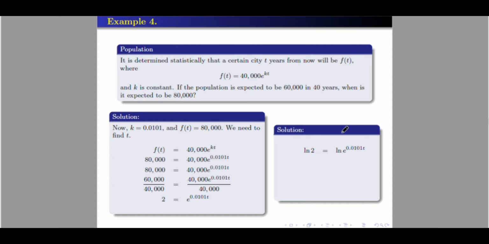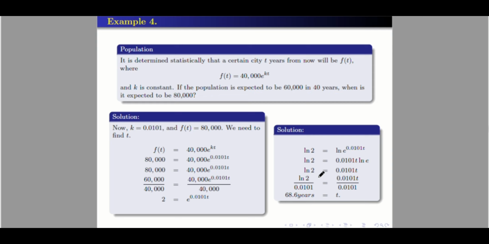Then by law number 3, the exponent will become the coefficient: 0.0101 t ln e. And ln e is equal to 1, so we're left with this expression. Since we want t only, we divide both sides by 0.0101.